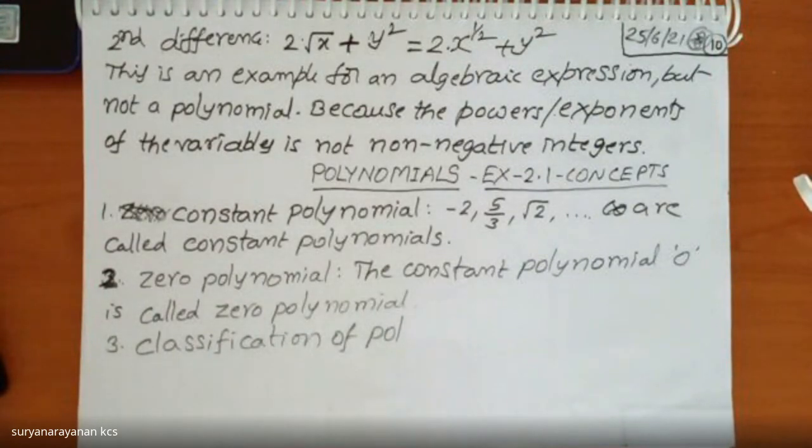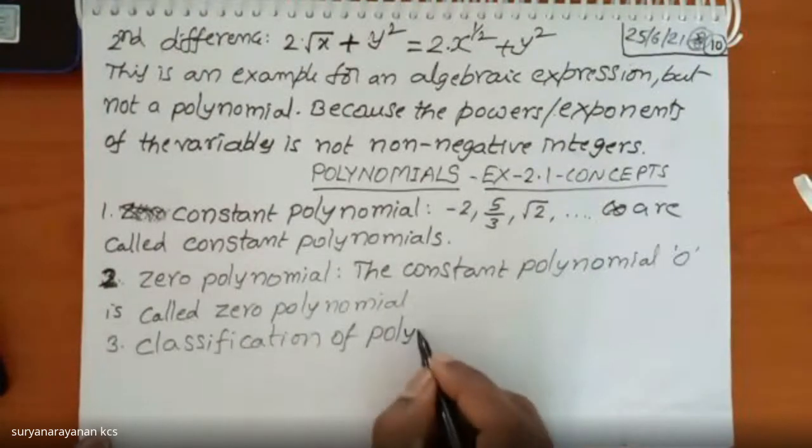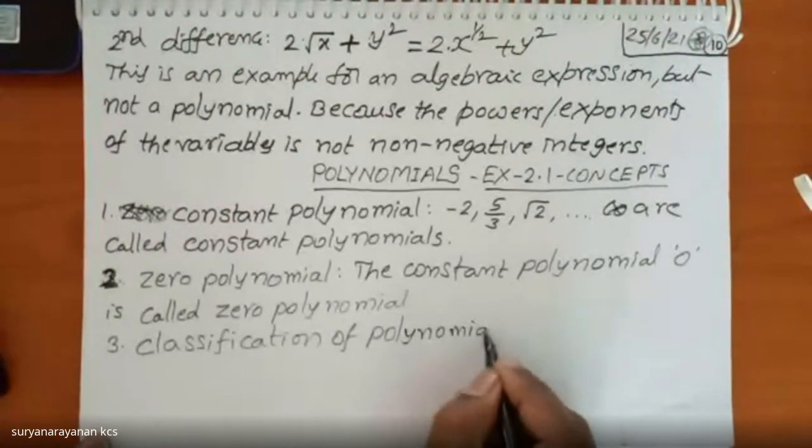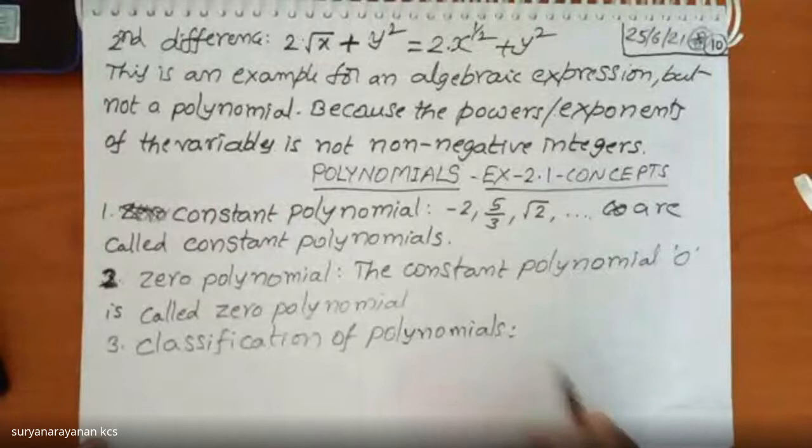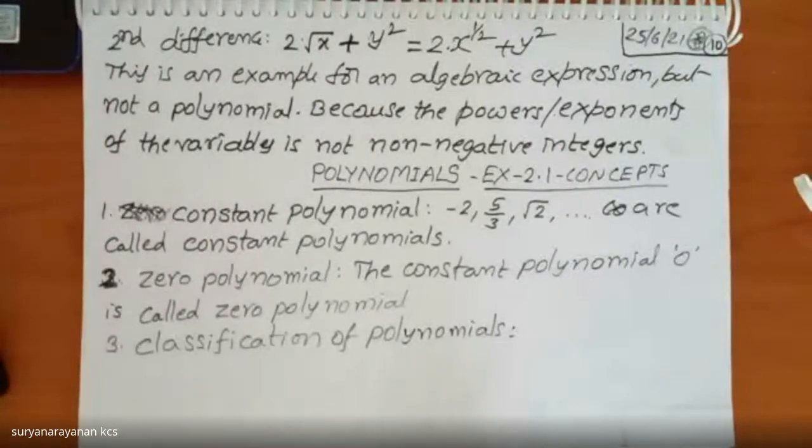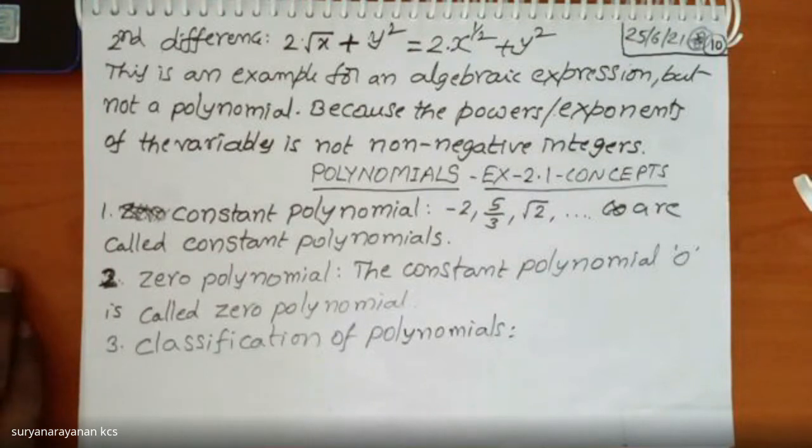There are two types of classifications of polynomials: based on number of terms, and based on degree of the term.